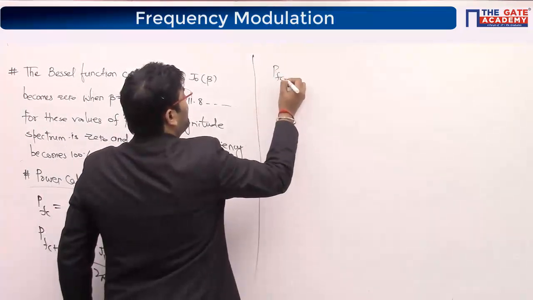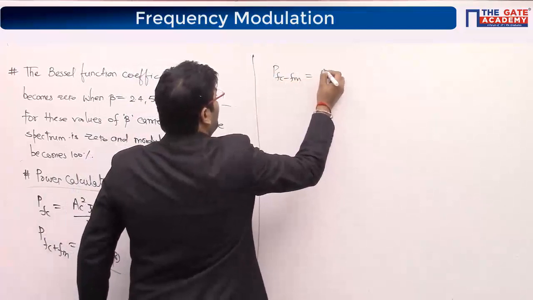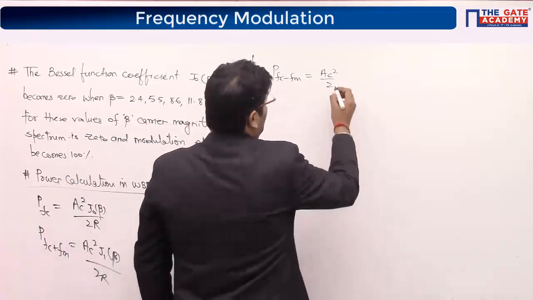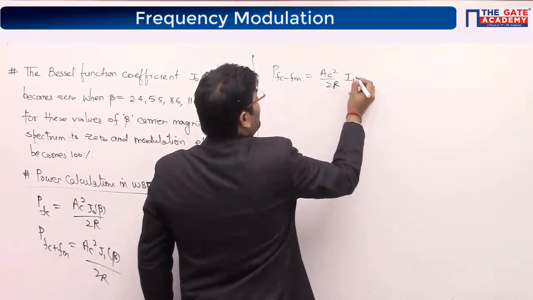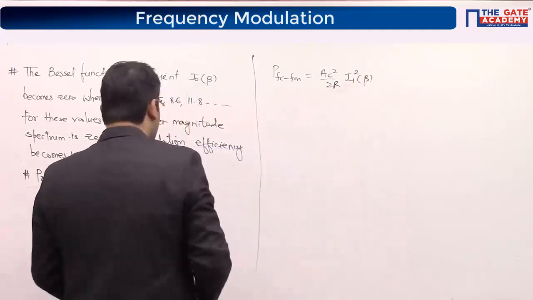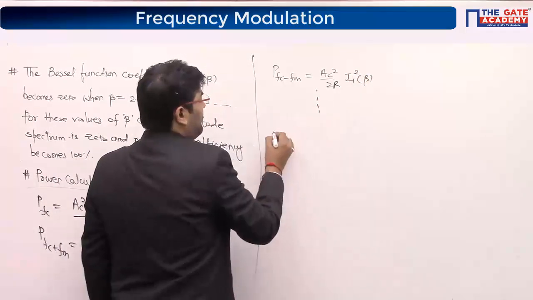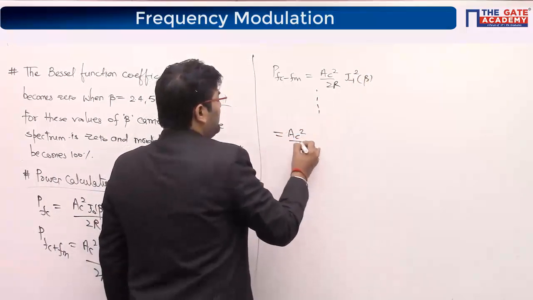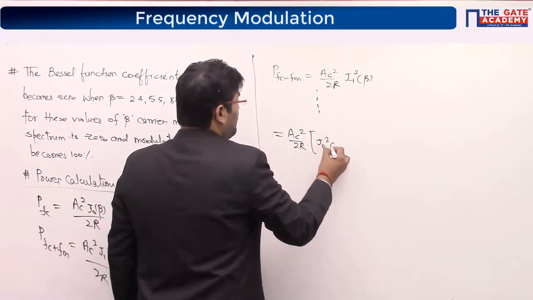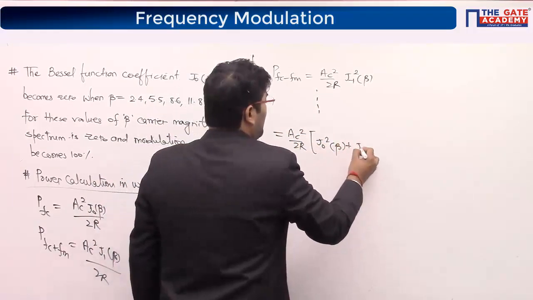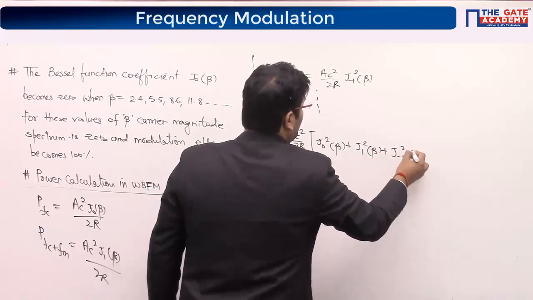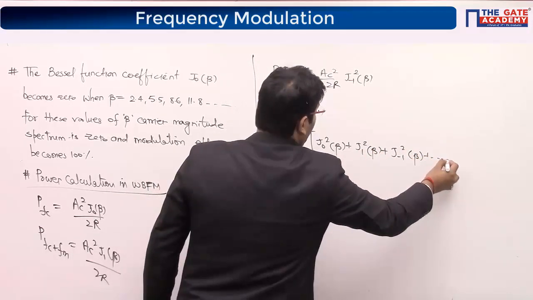Similarly, we can also find power at Fc minus Fm. So it is also AC square by 2R J minus 1 square beta. So if we keep adding like this, what we'll get? AC square by 2R as common, J0 square beta, J1 square beta, J minus 1 square beta, and so on.